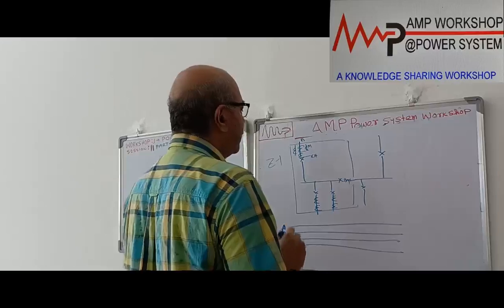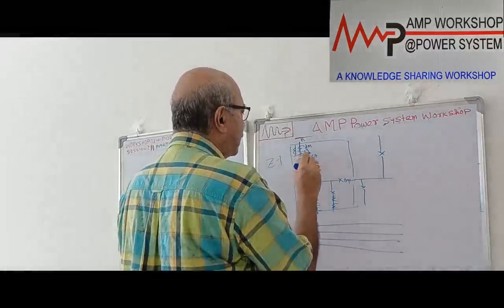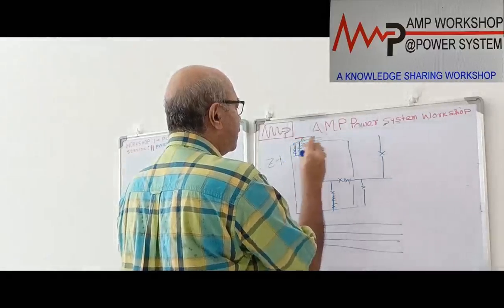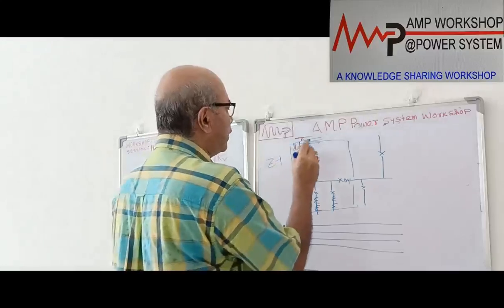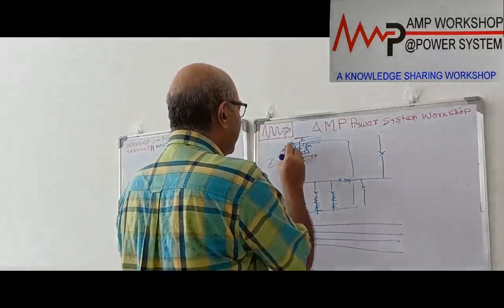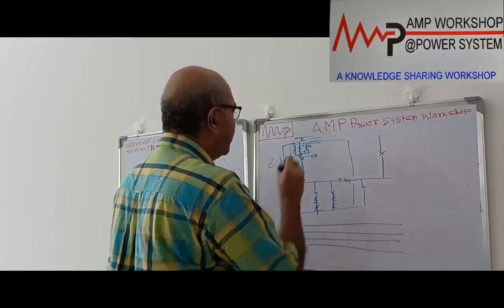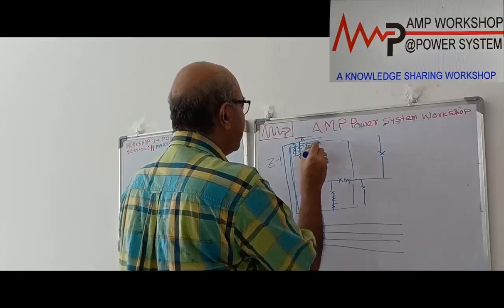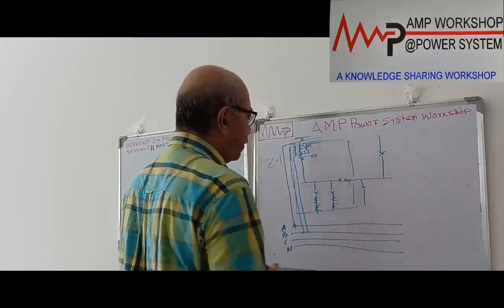That will be the main protection. These will be connected to neutral. All these CTs will be coming to the bus. Suppose this is a phase CT, so we can take from here. The A phase CT will be connected over here, the B phase CT over here, and the C phase CT over here. That is the main protection one.